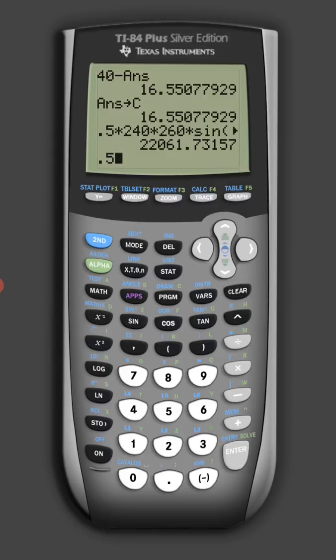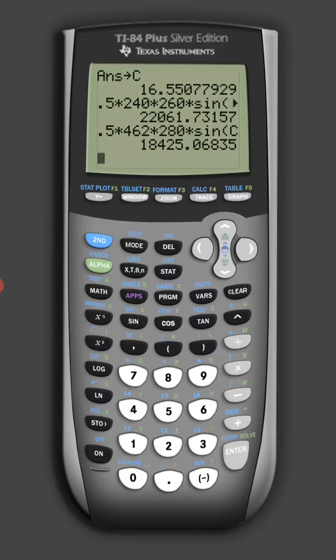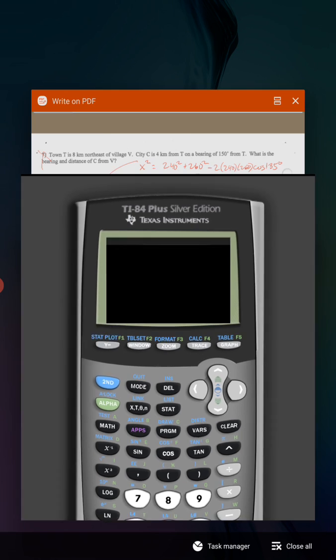Half times 462 times 280 times sine of angle C. So that's my alpha C. And we're going to get an area of 18,425.07.